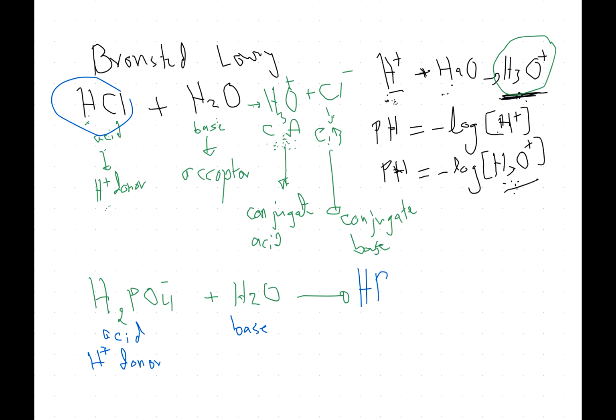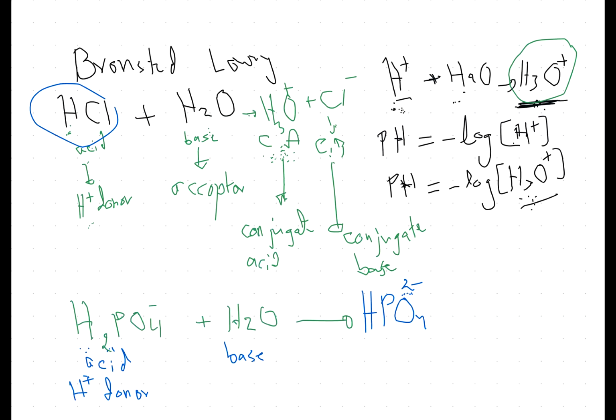Look at it, it has 2 H, but this doesn't mean it has to lose both of them. It loses only one H every time. So it lost one H. Who will accept it? The H plus acceptor.